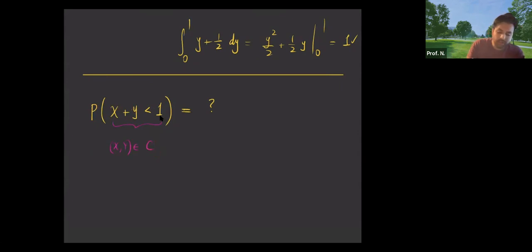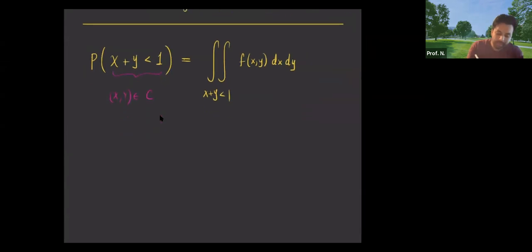And then according to the definition of this probability, finding the probability of this occurrence, according to the definition that I specified above, is the double integral of my PDF when x plus y is less than 1. And I know my joint PDF, it's just x plus y.